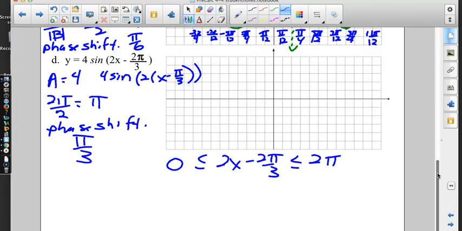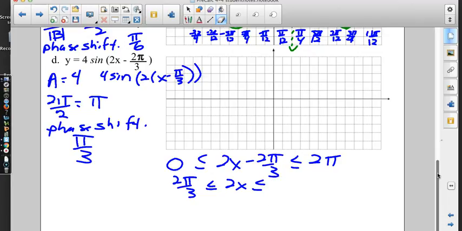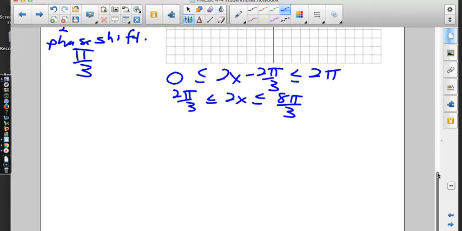So the normal period for sine is from 0 to 2 pi. Well, we're going to have to add 2 pi over 3, which would be 6 pi over 3. So 6 pi over 3 plus 2 pi over 3 would be 8 pi over 3. And again, since we're working with fractions, instead of dividing by 2, think of it as multiplying everything by 1/2.